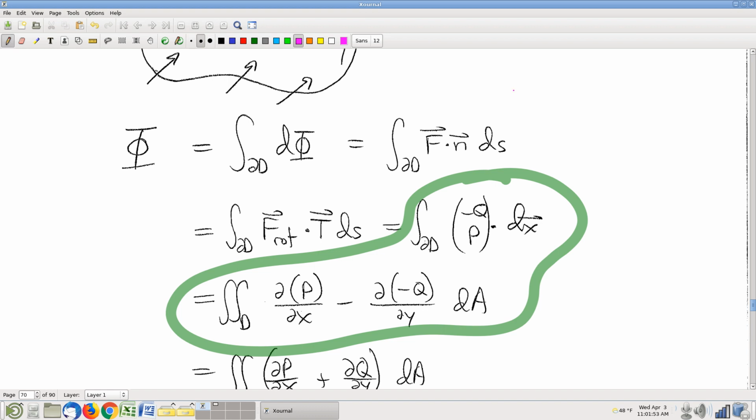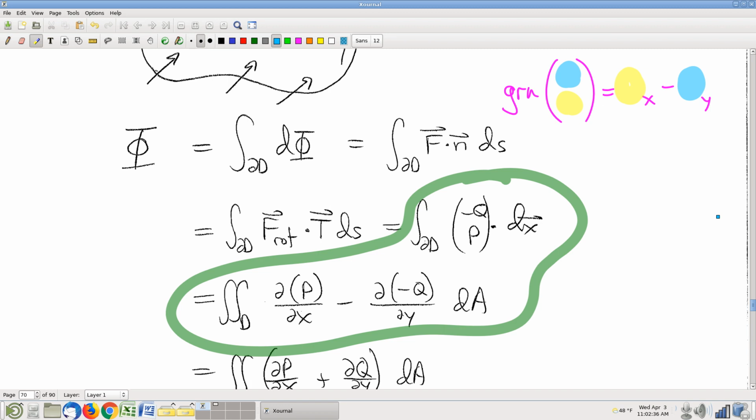Let me, for visual convenience, when you write down Green's operator of something that has two components, instead of calling them P and Q, let me call them blue and yellow. Green's operator says you're going to take the x partial of one and then subtract the y partial of the other. But specifically, think about the formula dq dx minus dp dy: what that really means is you're taking the x partial of the second component minus the y partial of the first component.